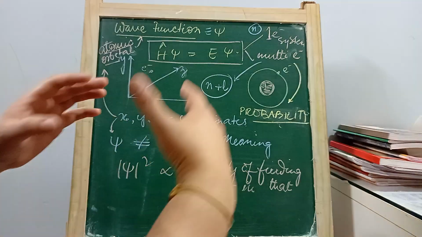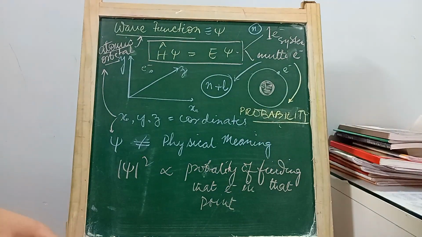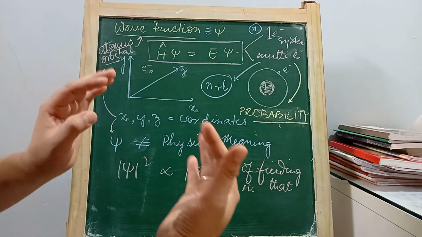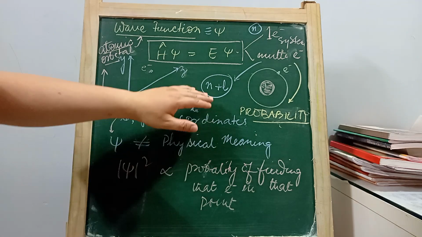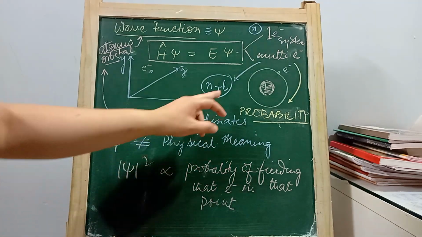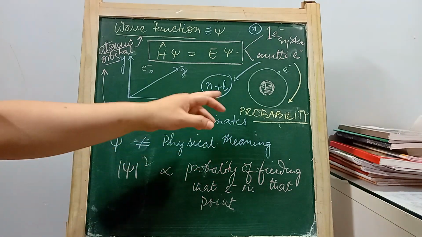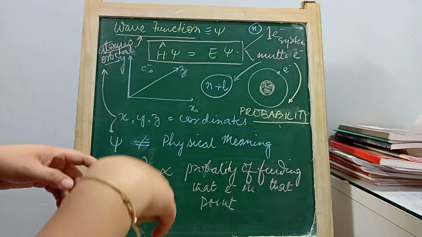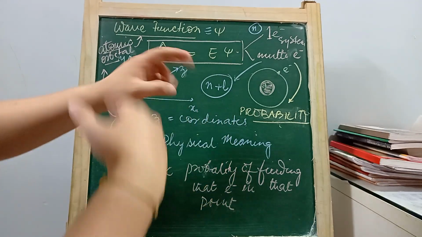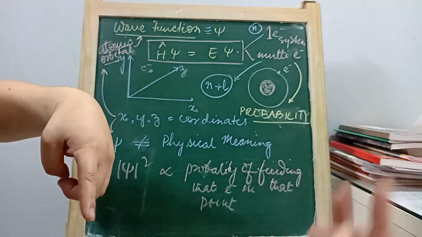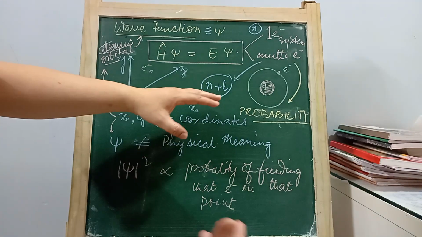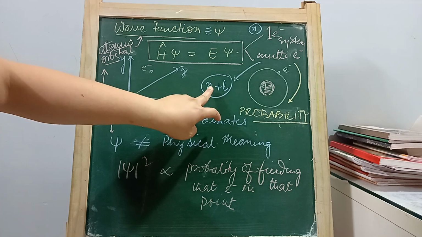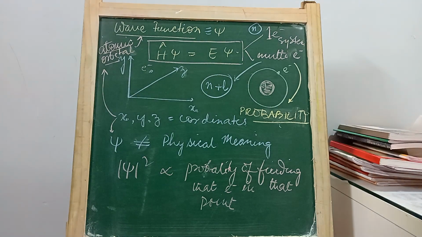But when it comes to a multi-electron system, which contains more than one electron, the energy of the system depends not only on the principal quantum number but also on the azimuthal quantum number, L. So it depends on both n and L.